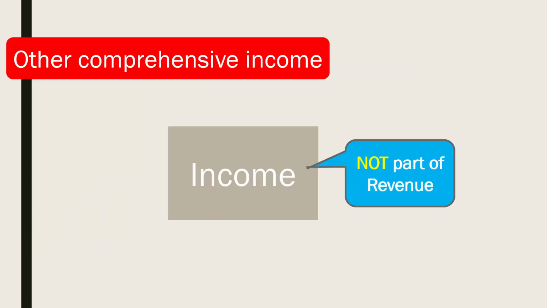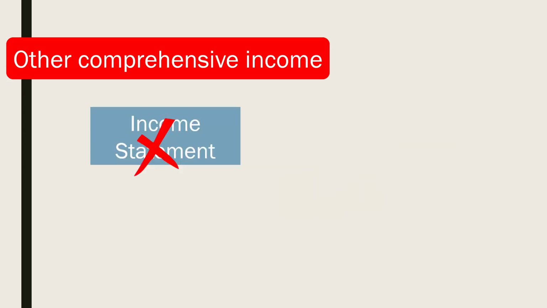Other comprehensive income includes items that fit within the definition of income in the conceptual framework, but do not fit within the definition of revenue. For this reason, other comprehensive income does not appear in a firm's income statement.